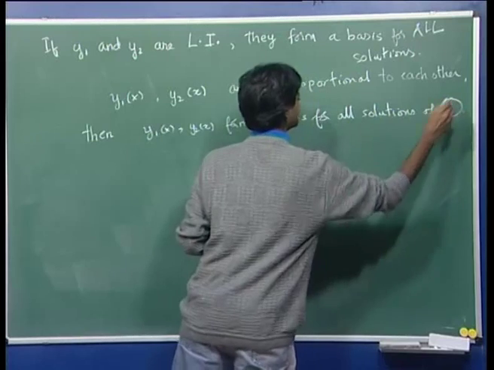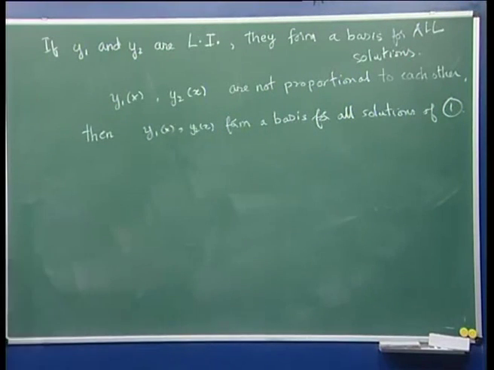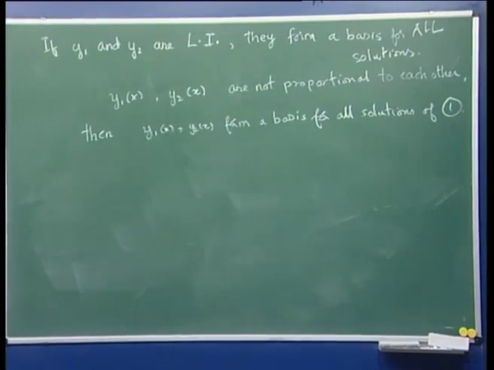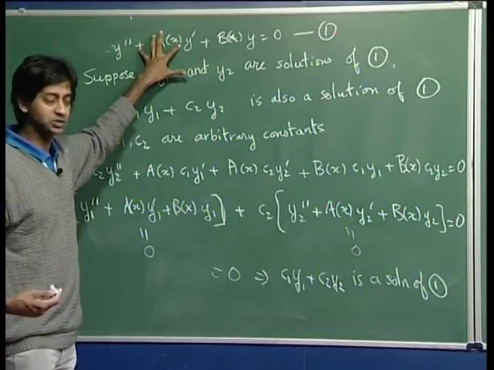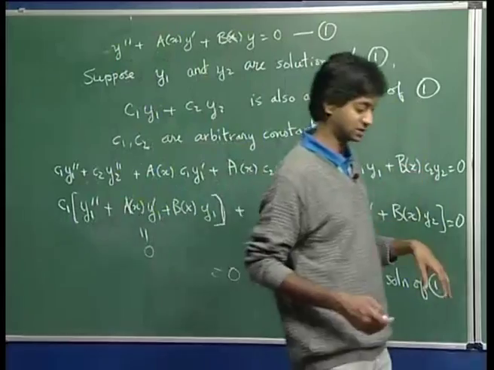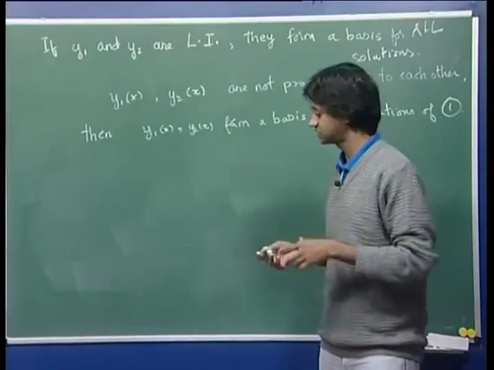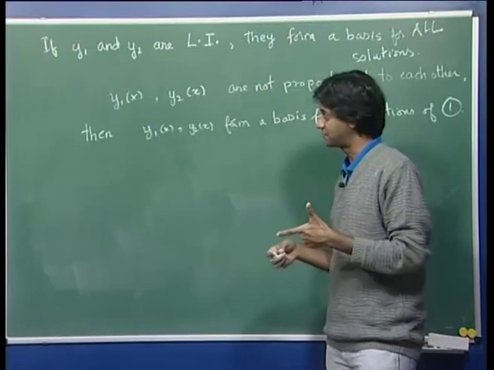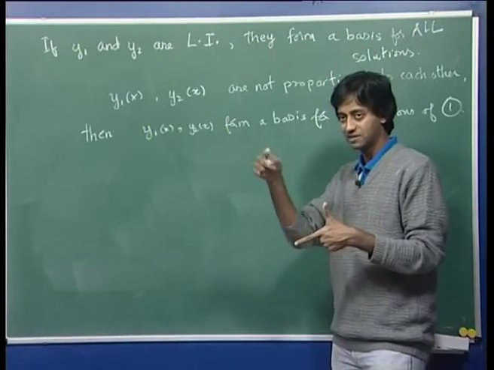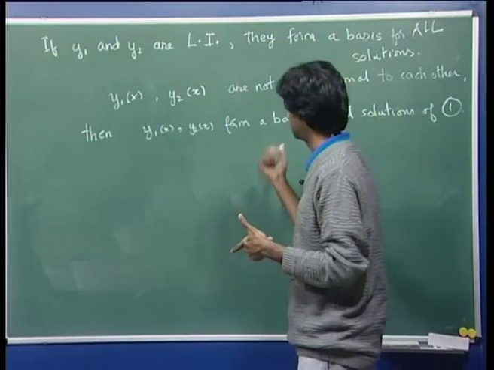Of what? Okay, so the point is you have this differential equation. So if you know two linearly independent solutions, then any solution can be expressed as a linear combination of these solutions. Okay, so that's the idea. So in a sense, if you have a vector space, okay, you say that any vector can be written as a linear combination of the basis vectors.